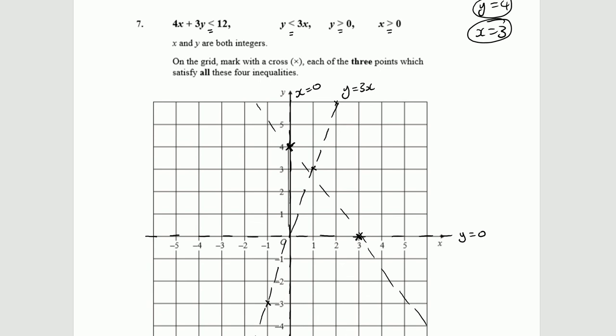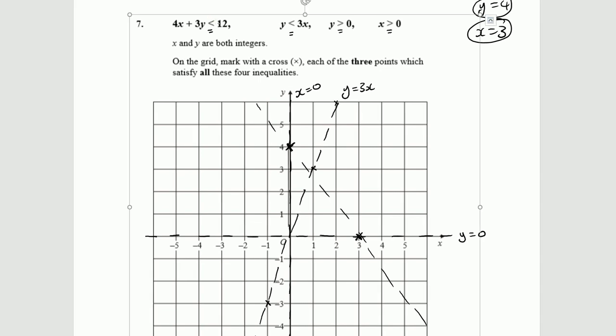Now I want to mark with a cross all the points that satisfy these conditions. I'm not allowed to go onto any of these lines because there's no or equal to's, and I need to think about whether I'm above or below or left or right. I need to be below this diagonal line, the last one that I drew.